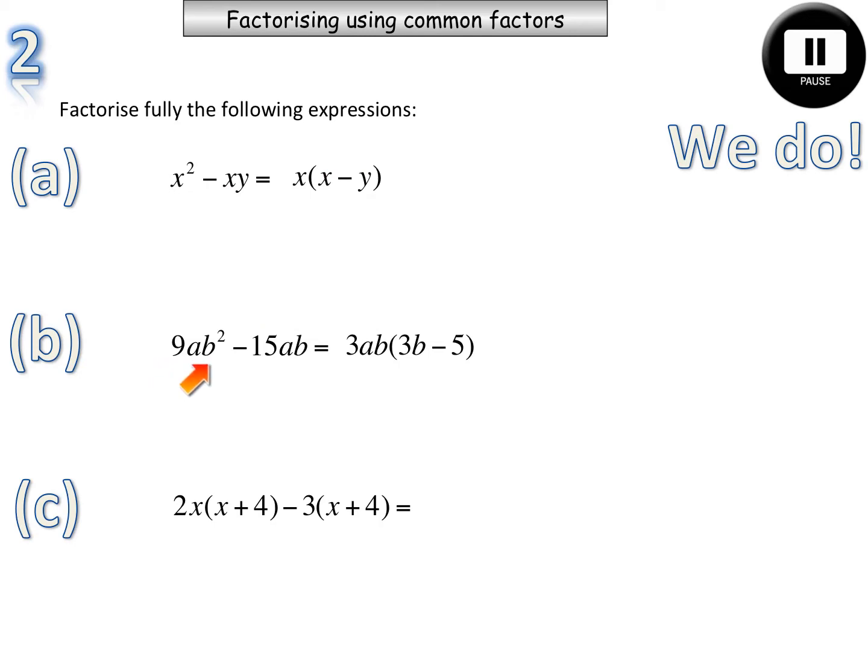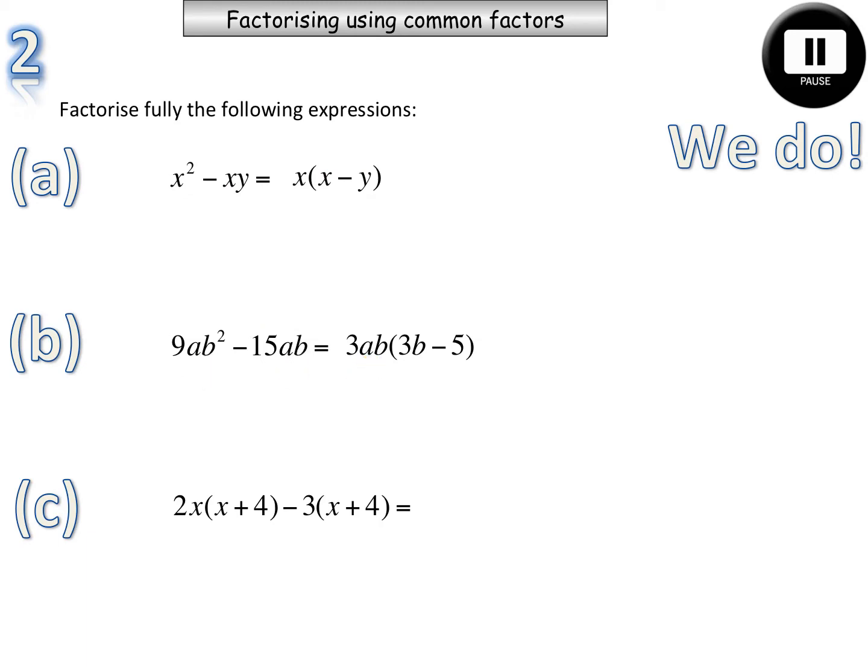Okay, 9ab squared, take away 15ab. 3 occurs in both of these terms, so 3 goes at the front. a and a is also common. b, that's b times b, but b and b is also common.